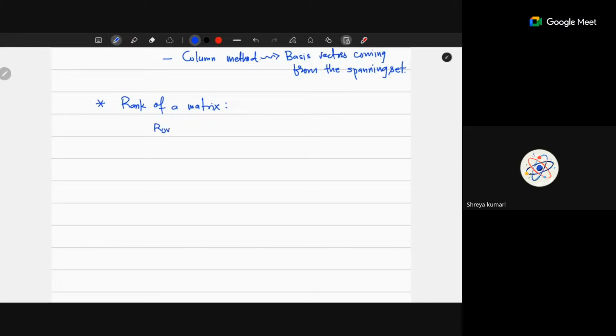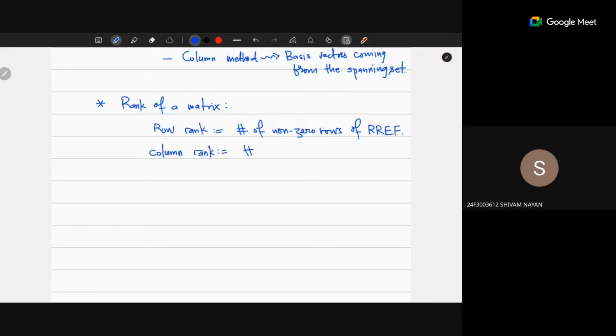So row rank was the number of non-zero rows of the row reduced echelon form, and column rank is the number of pivot variables, the number of pivots in RREF.